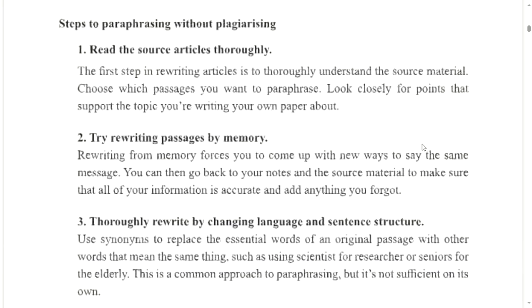Three, thoroughly rewrite by changing language and sentence structures. Use synonyms to replace the essential words of an original passage with other words that mean the same thing, such as using scientists for researchers or seniors for the elderly. This is a common approach to paraphrasing, but it's not sufficient on its own.